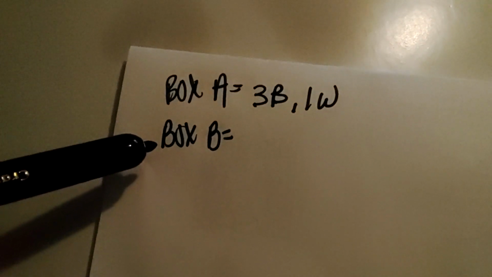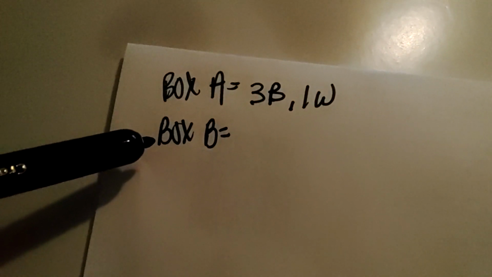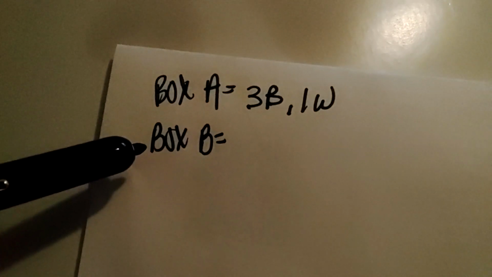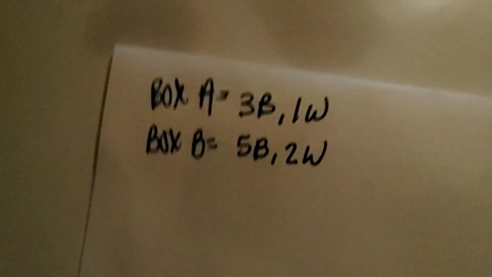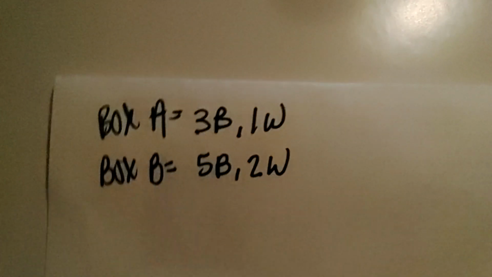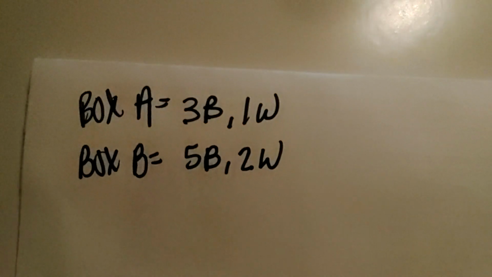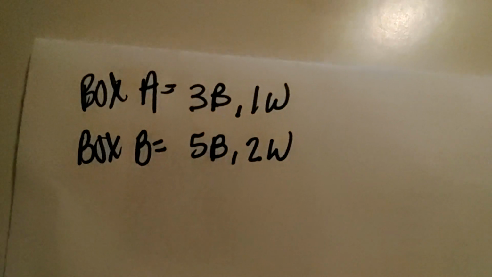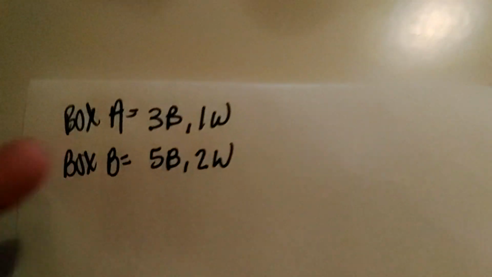Box B has 5 black and 2 white. Just glancing at this, do they have the same amount of balls in each? I don't think so either, but let's calculate it.